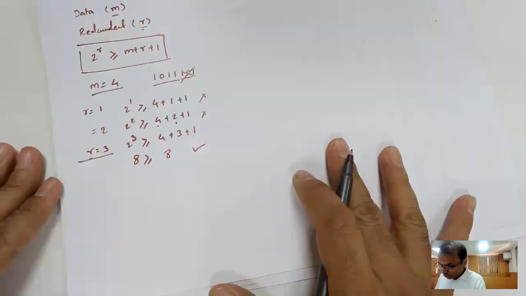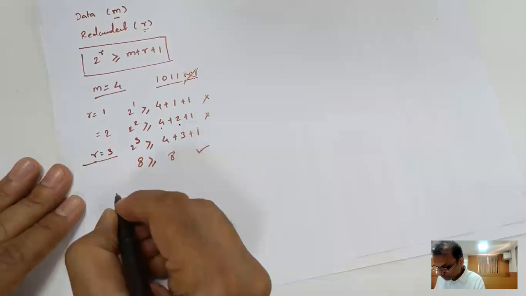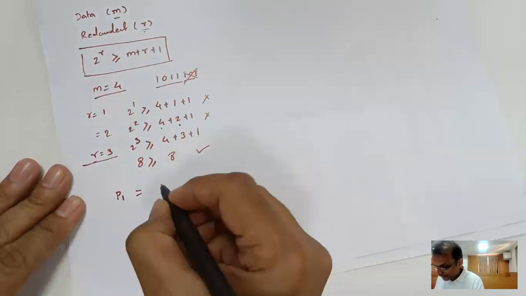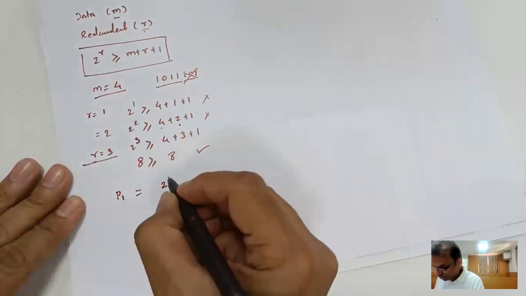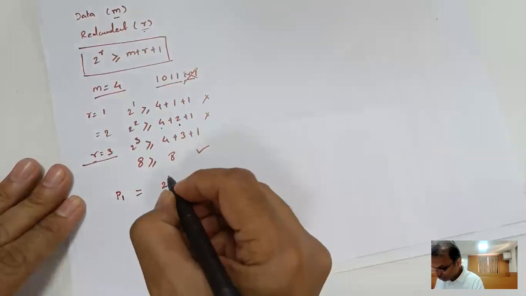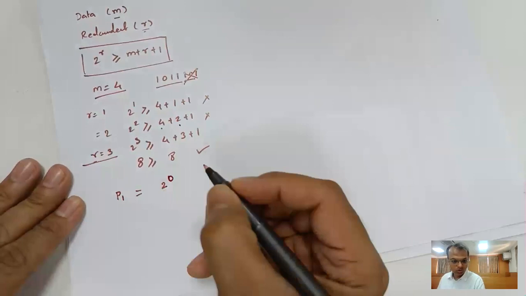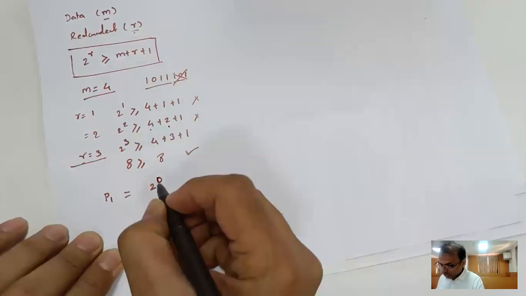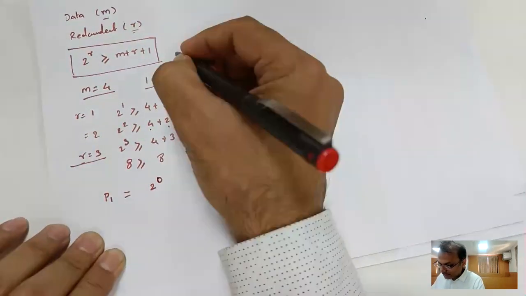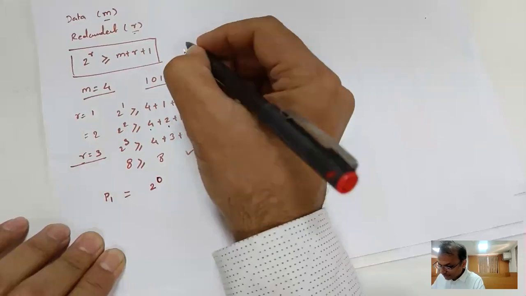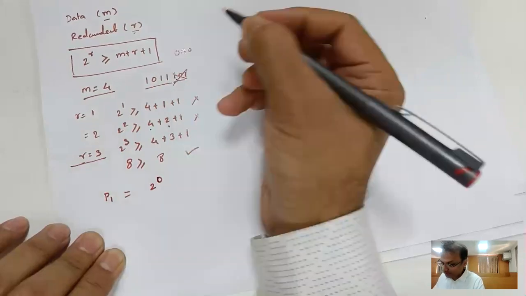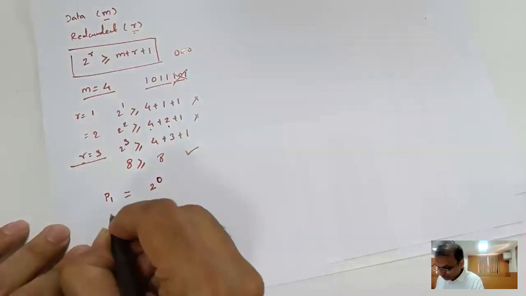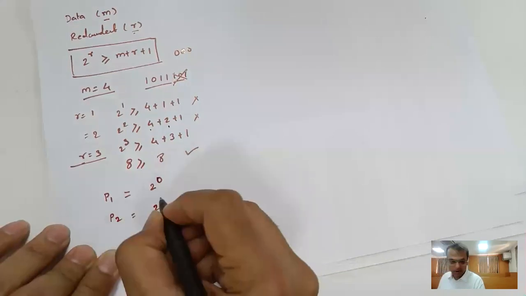So for the first redundant bit, P1, that has to be placed at 2 raised to 0. Then P2 is 2 raised to 1.